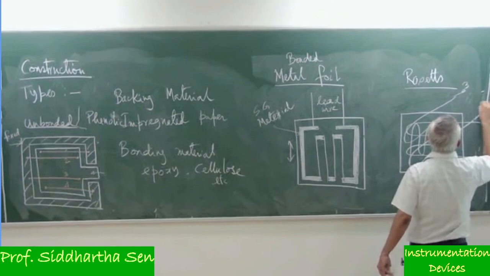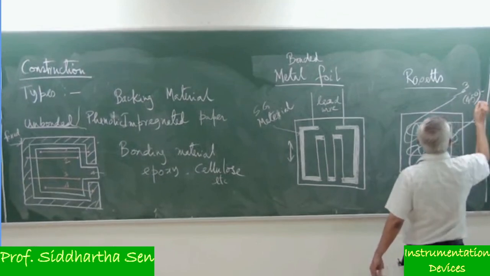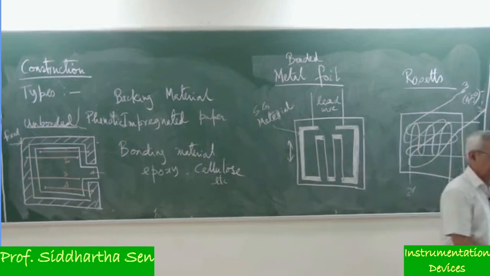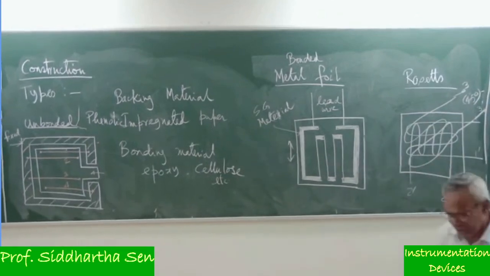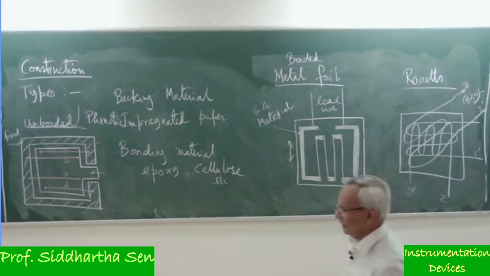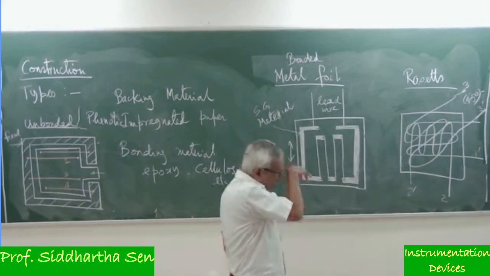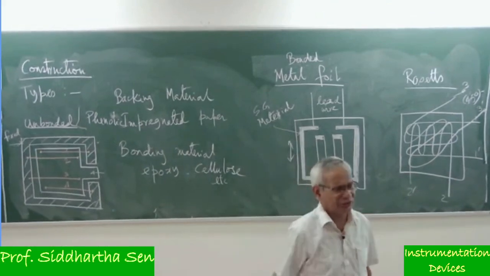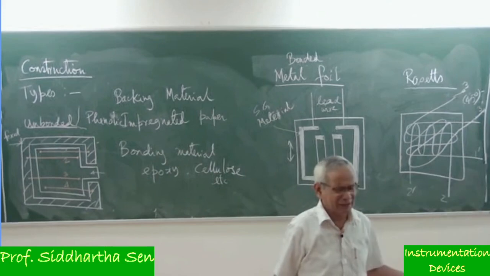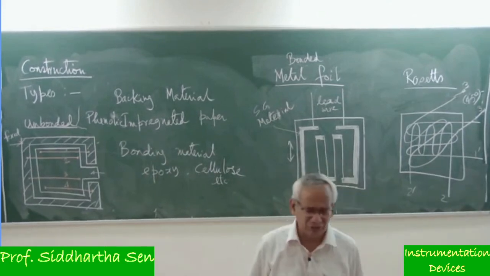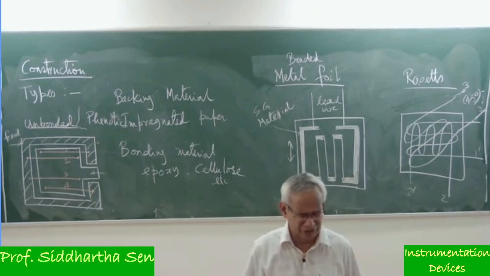Say this is 45 degree. So we can measure at this point the strains in three directions, in x direction, y direction, and in between at 45 degree. There are several different types of rosettes, where certain diaphragm type rosettes are also there. We will discuss it afterwards in this strain gauge.